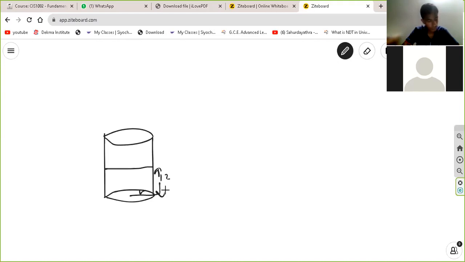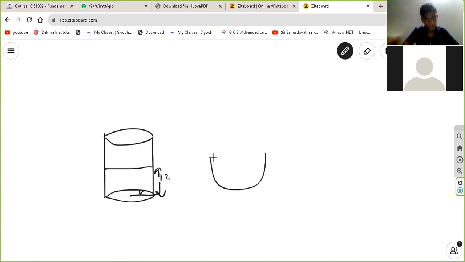The water in this container is just enough to completely fill 16 hemispherical containers, each of radius 4 centimeter.